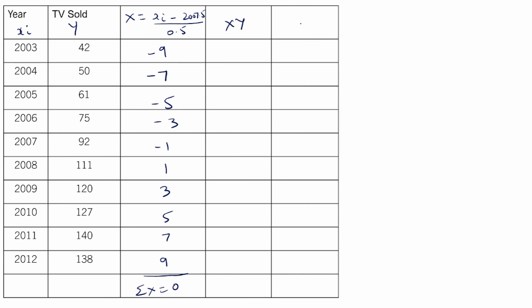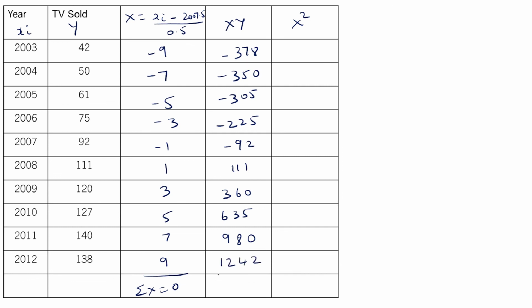Then we have xy and then we have x square. Now let us find xy. 42 into minus 9 is minus 378, 50 into minus 7 is minus 350, 61 into minus 5 is minus 305, 72 into minus 3 is minus 216, then 92 into minus 1 is minus 92, 111 into 1 is 111, 120 into 3 is 360, 127 into 5 is 635, 140 into 7 is 980, 138 into 9 is 1242.